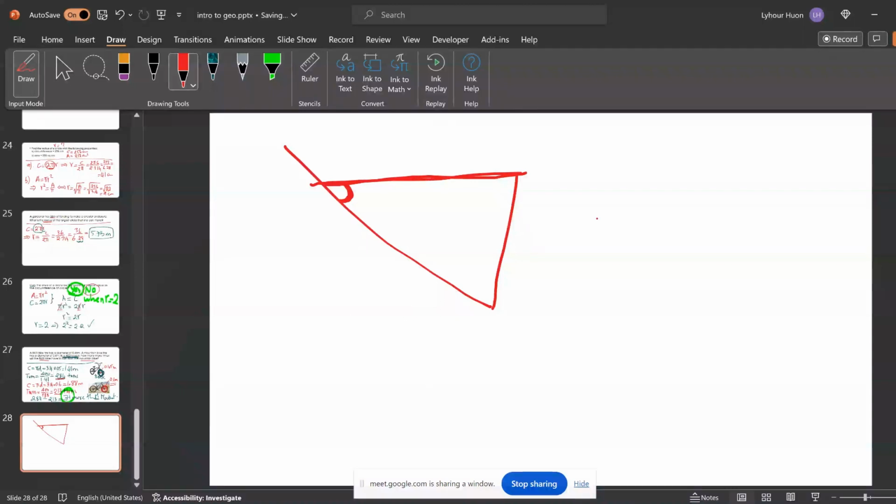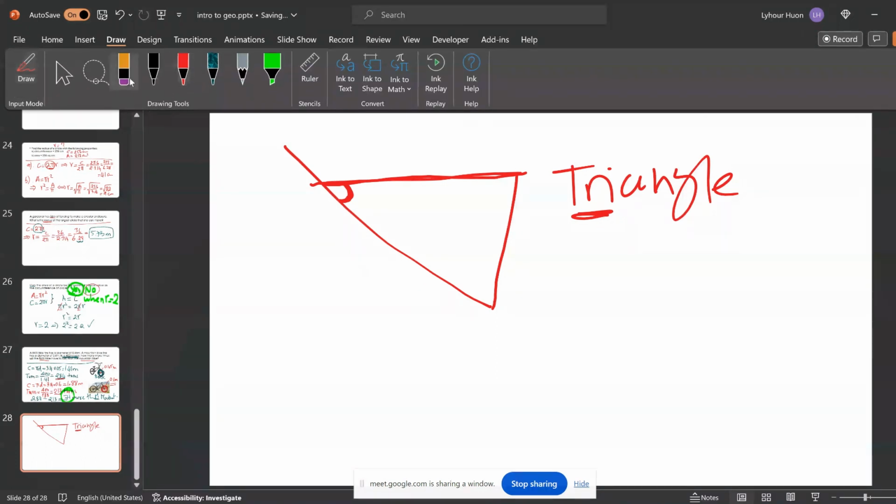When three sides, this is called a triangle. This is called a triangle because the word tri represents three, right? Okay, so three lines is a triangle.